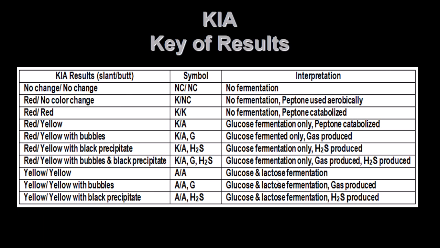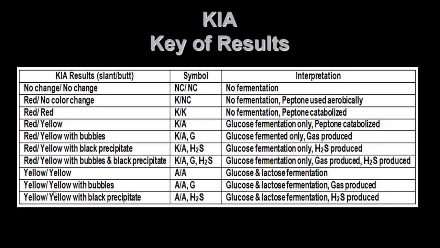So if it's all yellow, it means lots of fermentation process is going on. Yellow over yellow with bubbles means that the lactose is fermented and gas is produced. Here we see the bubbles means gas, which is CO2.